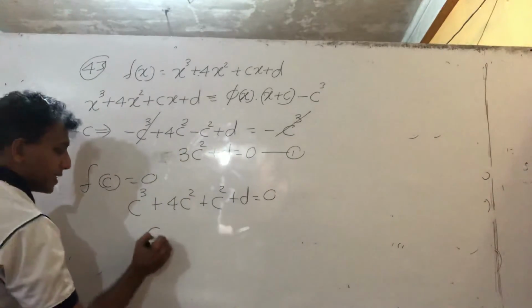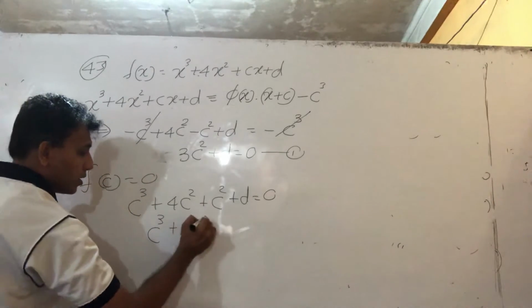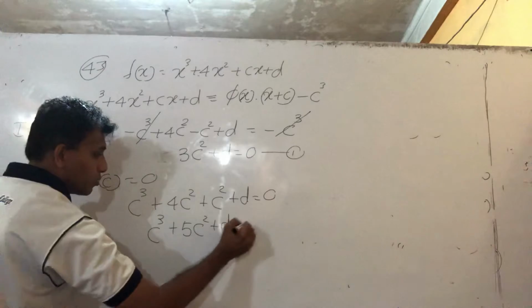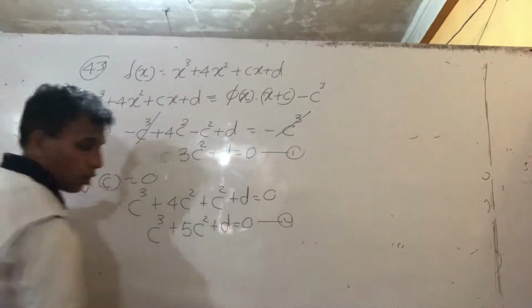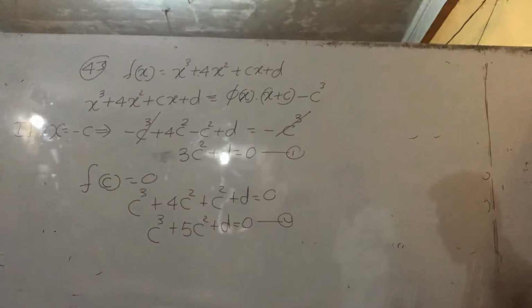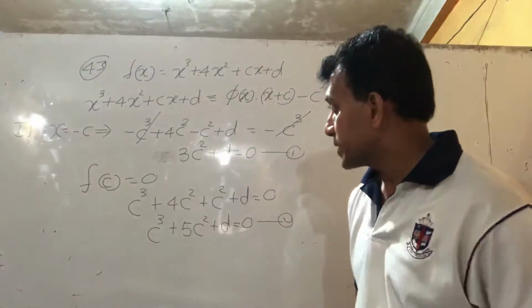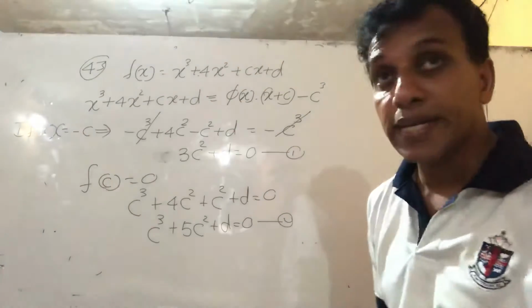So c cube plus 5c square plus d equal to 0. Now it's basic mathematics, solving equations. Solve this pair of simultaneous equations and find the c and d answers.